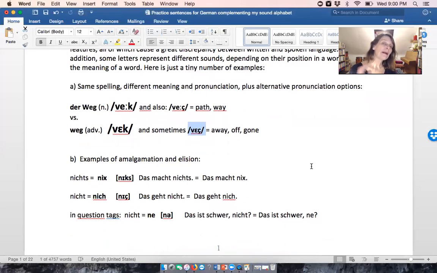Okay, then we have amalgamation and elision. Sometimes sounds meld together and sometimes sounds are elided, left out. Here we have an example of when sounds blend into each other and produce a new sound. So nichts, nothing, is often pronounced nix.